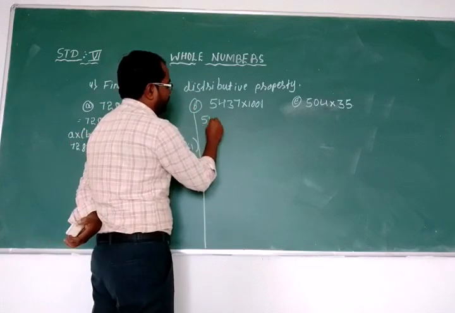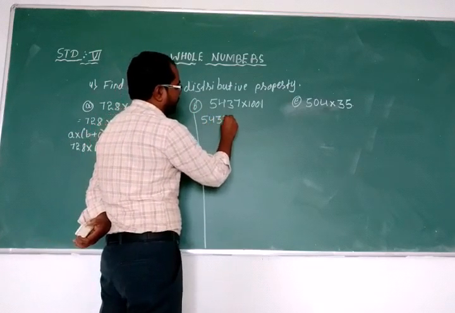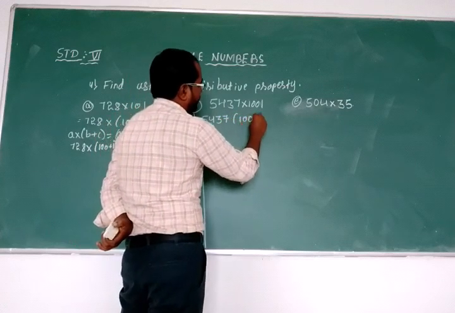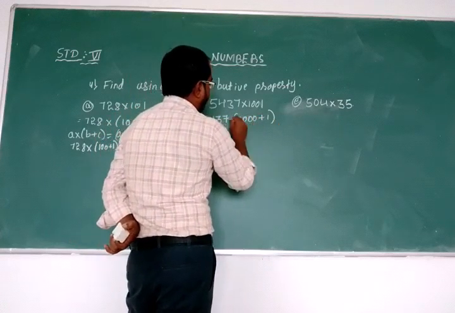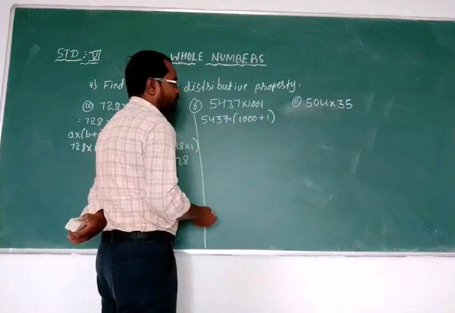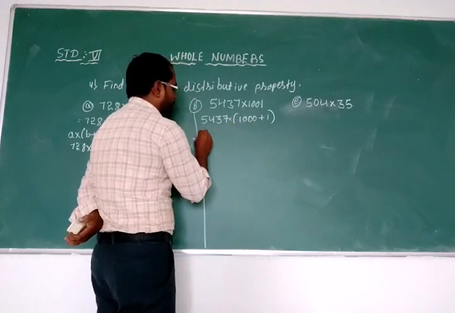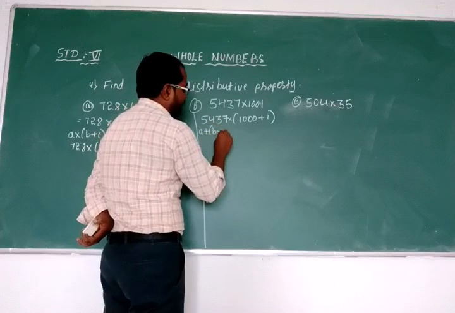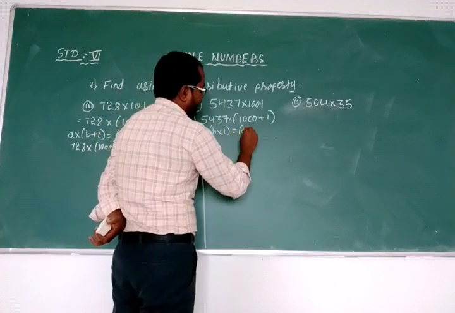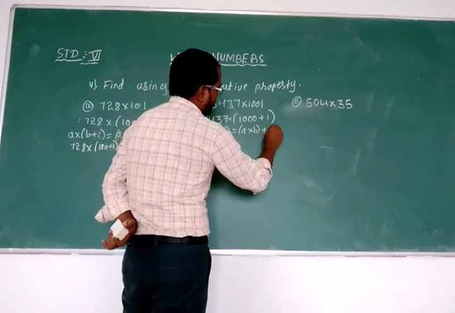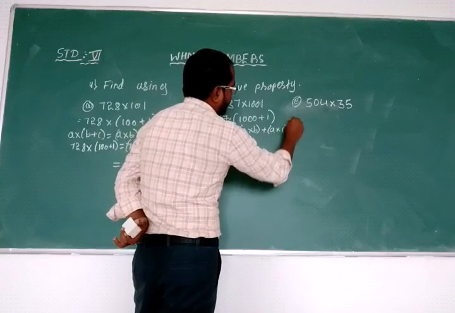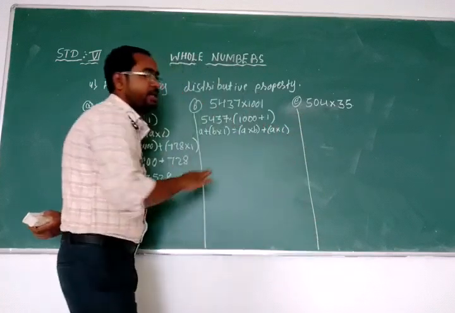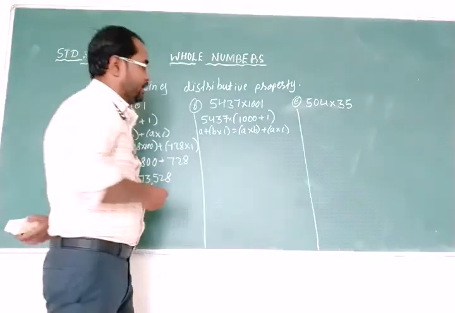So we'll see the next one. 5,437 into 1,001. We will write it as 1,000 plus 1. So it is in the form A into (B plus C) is equal to A into B plus A into C, which is the distributive property which we have studied in the previous class.